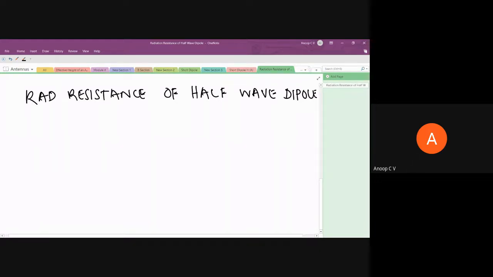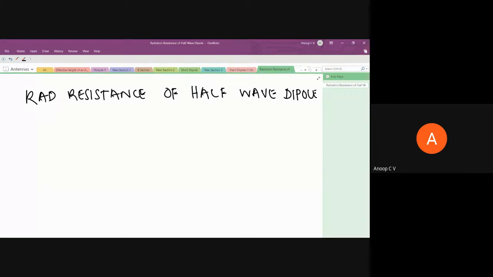It is 73 ohm. In fact, for a practical lambda by 2 antenna, the radiation resistance is not purely real. It has some inductive element also. What we are going to do now is the theoretical one, assuming the radiation resistance does not have any reactive components.